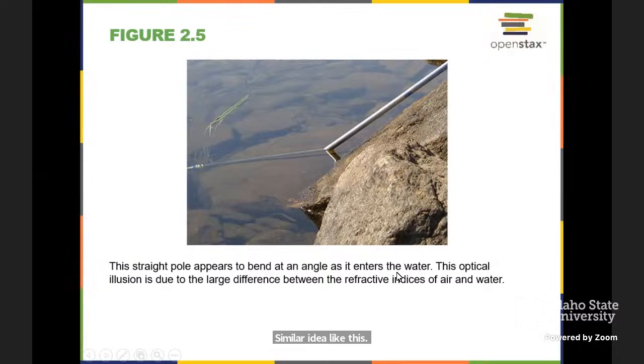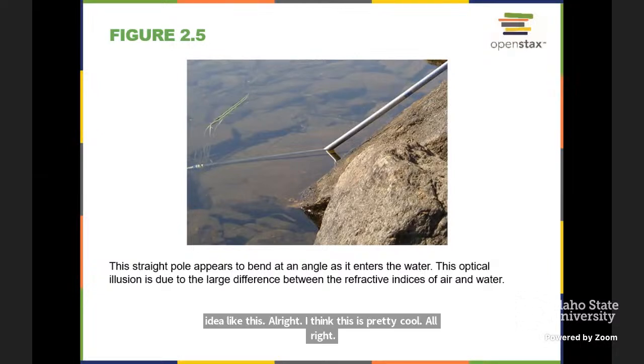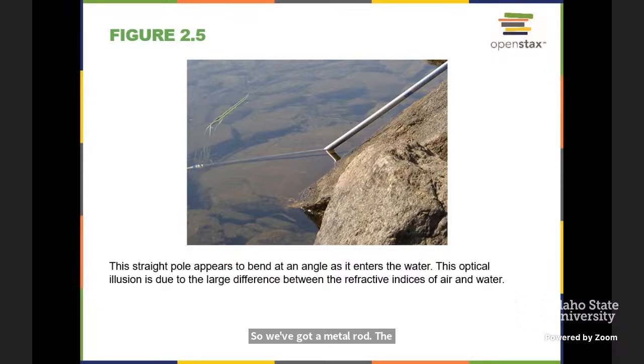I think this is pretty cool, all right? So we've got a metal rod. They're probably sampling something in the water, maybe testing different chemistries, or maybe they're trying to collect some samples. I don't know what's on the end of this guy. Matters not. What we're seeing is not a bent rod, but it looks bent, all right?